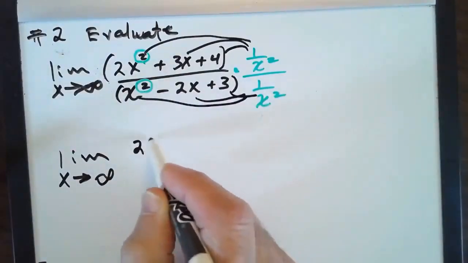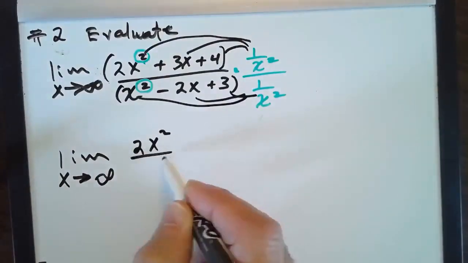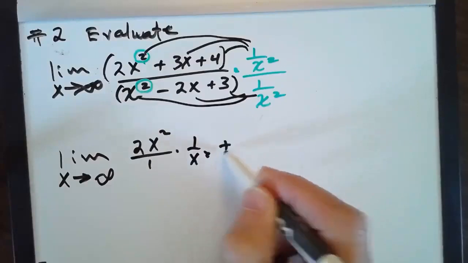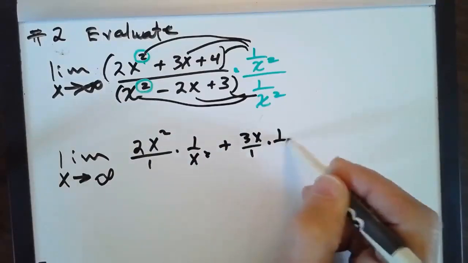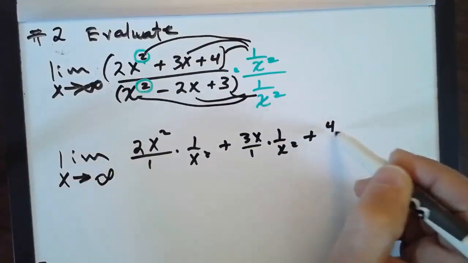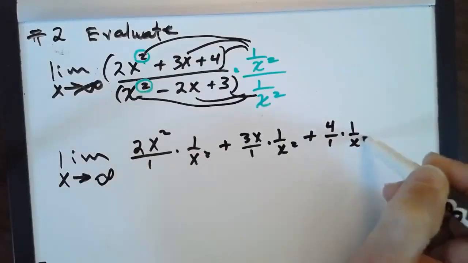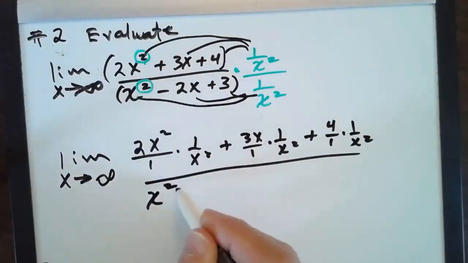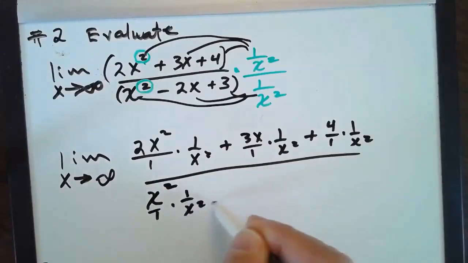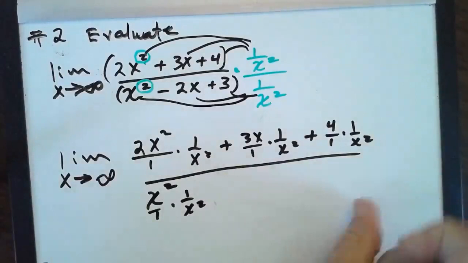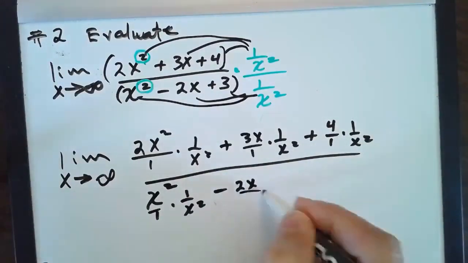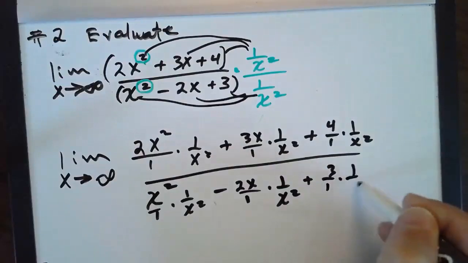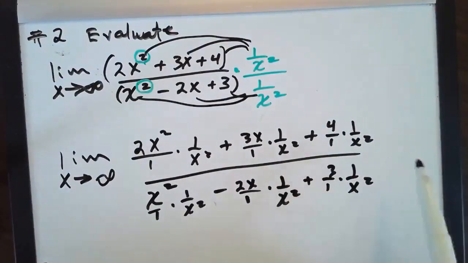So we get 2x squared over 1 times 1 over x squared, plus 3x over 1 times 1 over x squared, plus 4 over 1 times 1 over x squared, over, now the denominator, x squared over 1 times 1 over x squared, minus 2x over 1 times 1 over x squared, plus 3 over 1 times 1 over x squared.